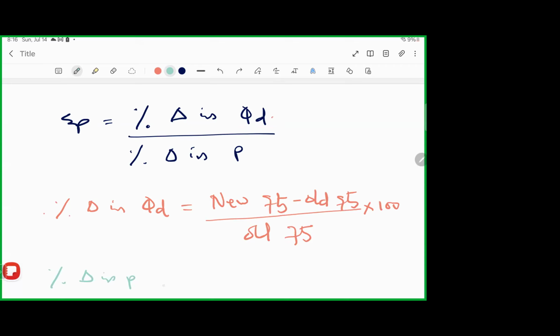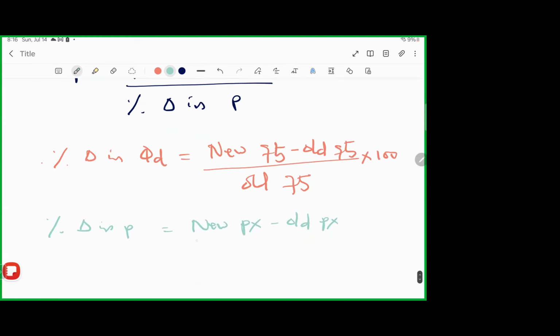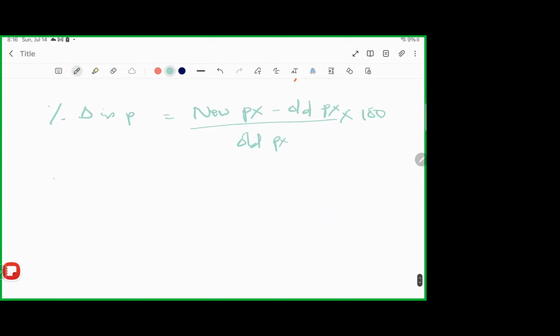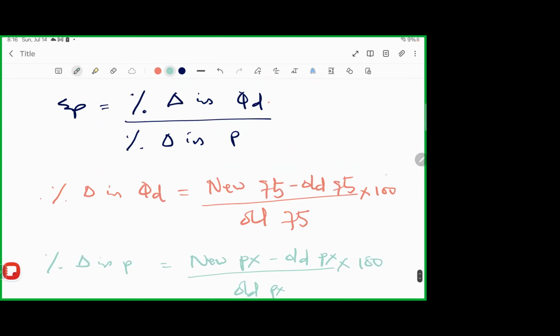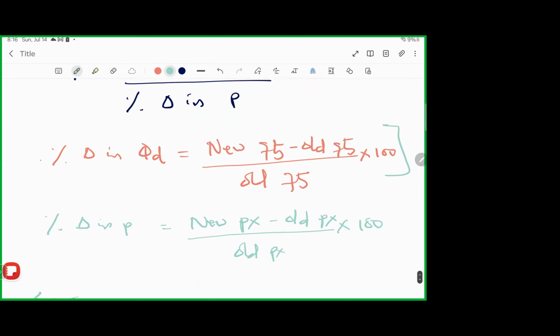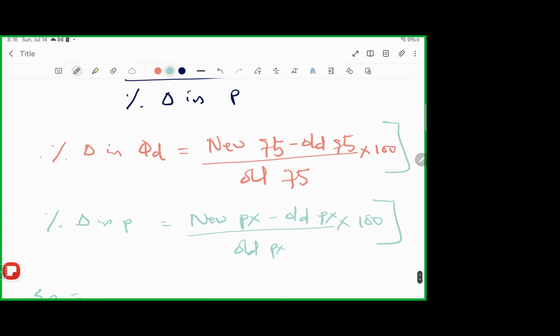It would be the new price minus the old price, divided by the old price, times 100. So our overall elasticity would be this whole thing divided by this whole thing.